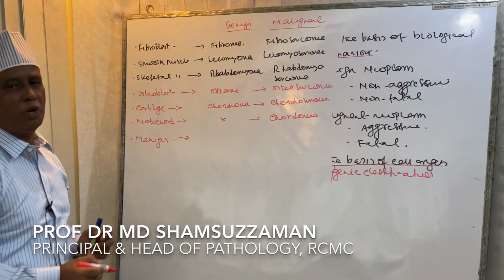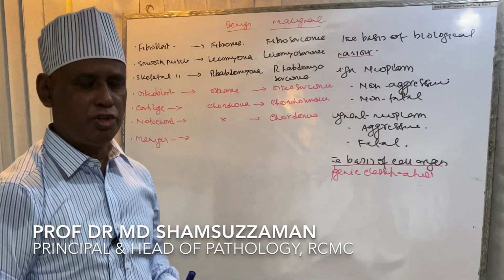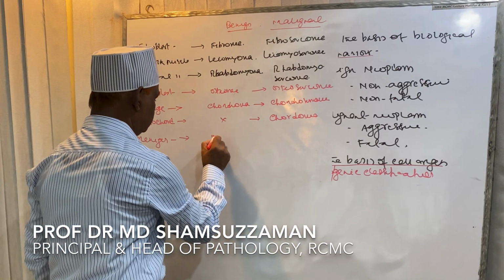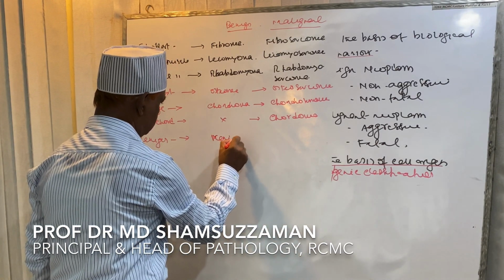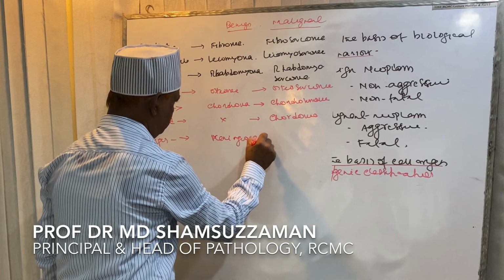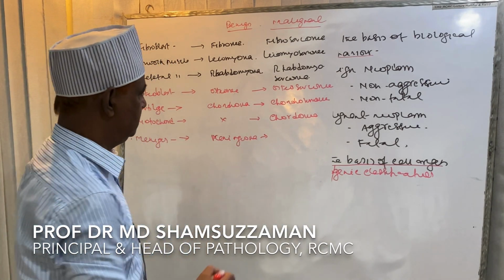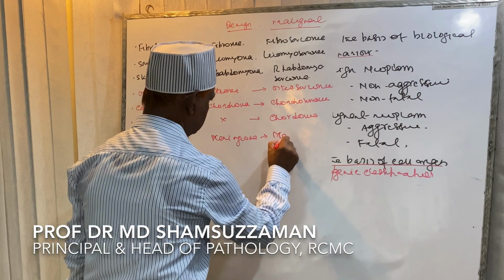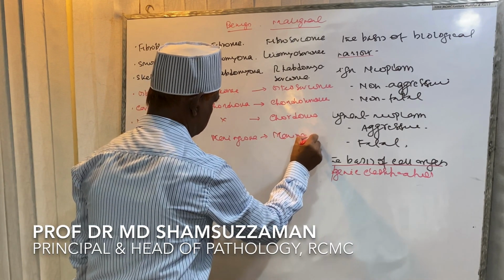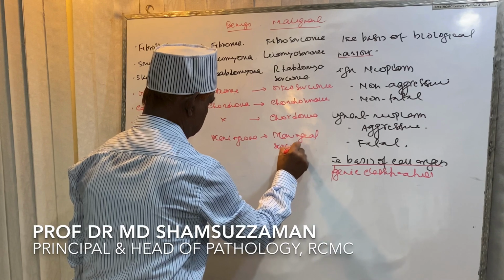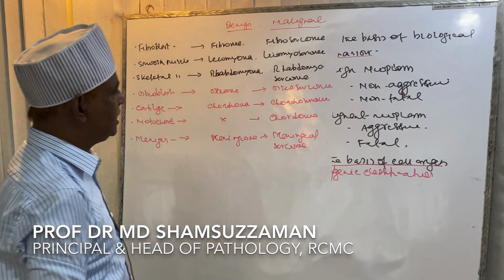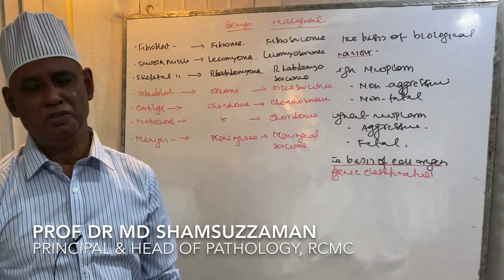The benign tumor of meninges is meningioma. And malignant tumor of meninges, meningeal sarcoma. Dear students, these are the histogenic classifications briefly.